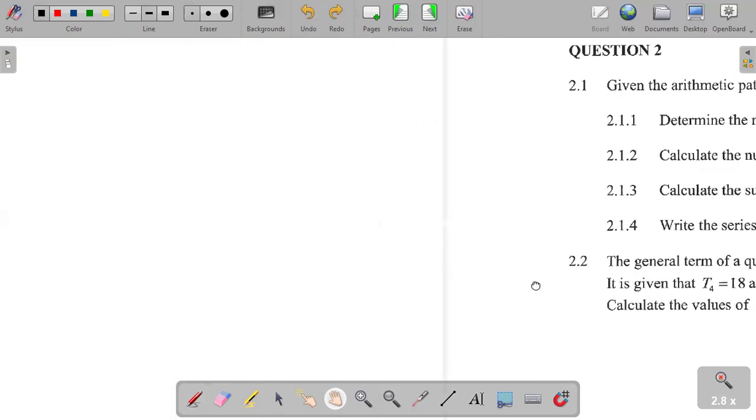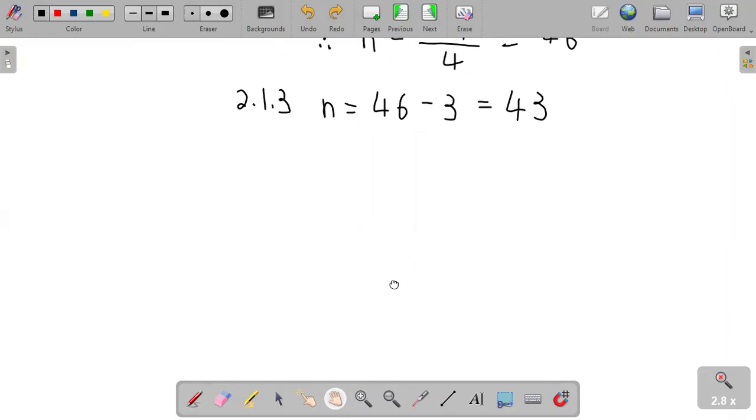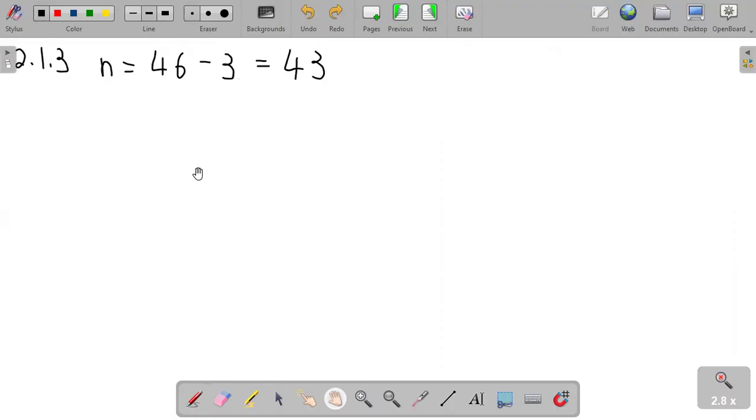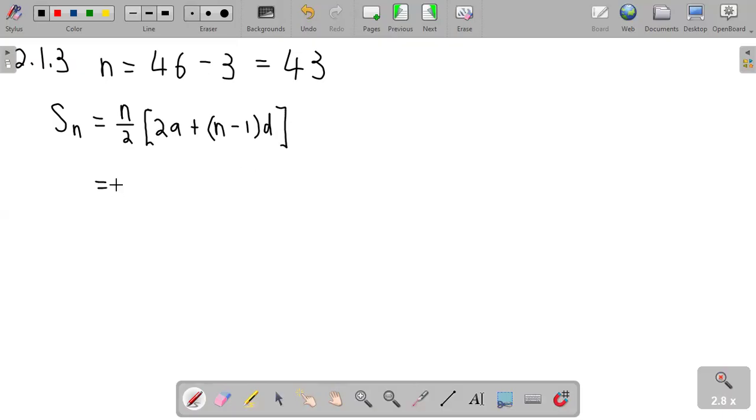So the formula for the sum, if you are doing an arithmetic pattern, Sn is going to be equal to n over 2 into 2a plus (n minus 1) d. So we can use this formula, isn't it?